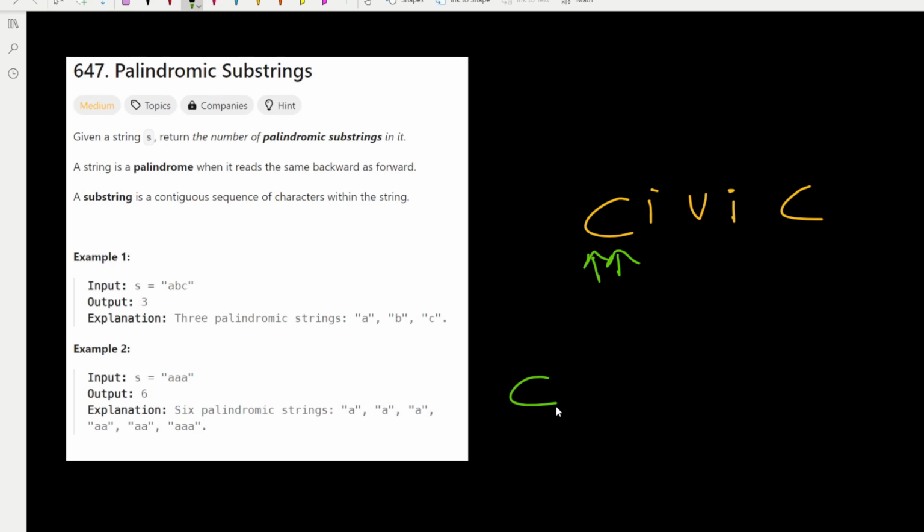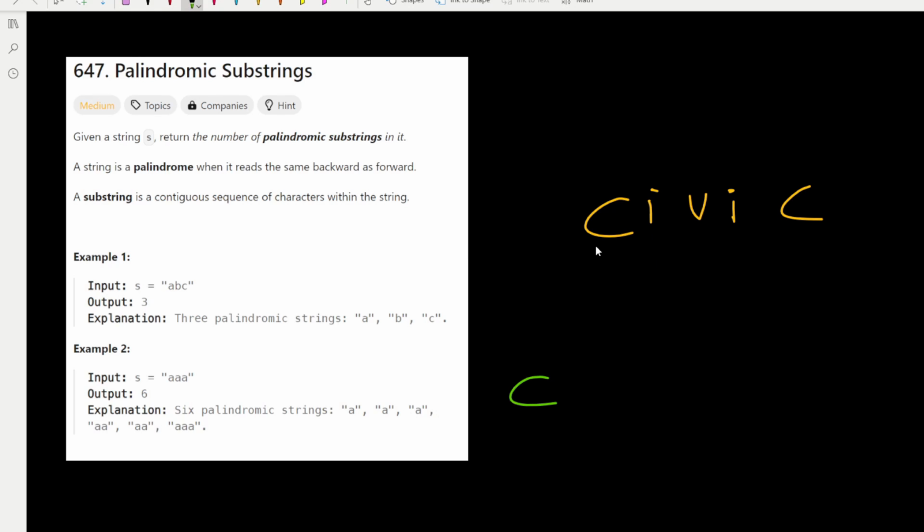But then, instead of generating all substrings, no, we need to expand around the center, make C the center. So what do we do? Let's decrease the left pointer and increase the right pointer. This way, C will be in the center. So here's the left pointer and here's the right pointer. We notice that the left pointer is out of bounds, so that's it. Enough of this letter C.